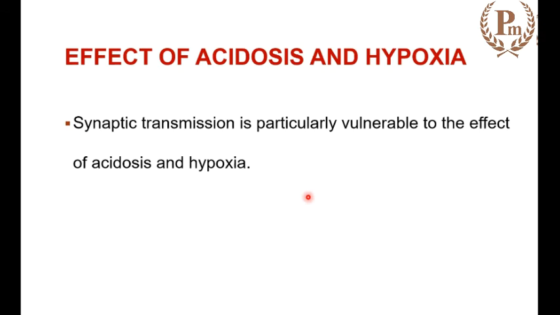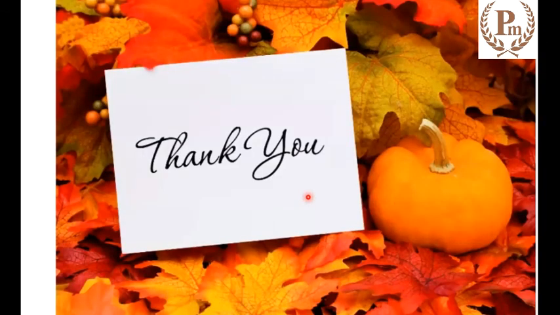So their responses are going to decrease due to acidosis, metabolites, or hypoxia. Okay, so with this we come to an end of the properties of synapses. The whole of the properties of synapses we have covered in two lectures. With this, I stop here. Any questions you may ask me now.